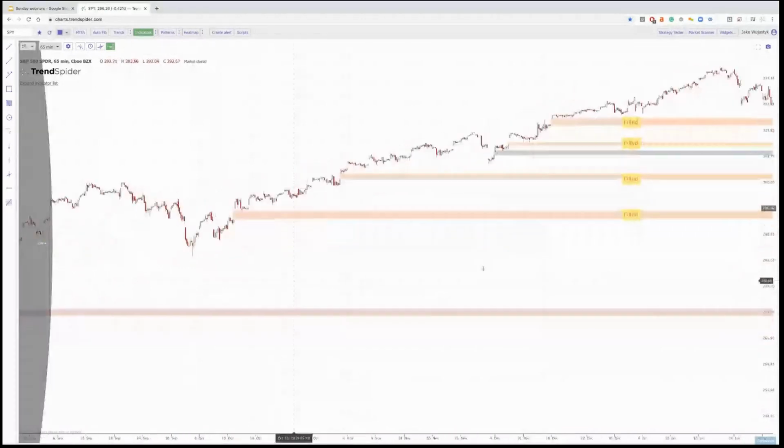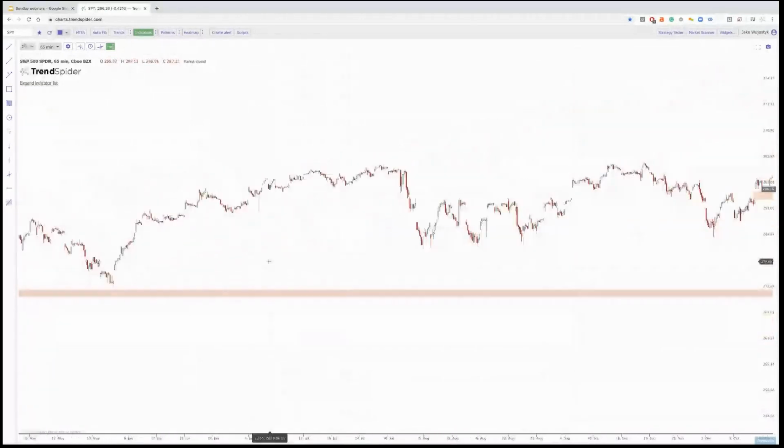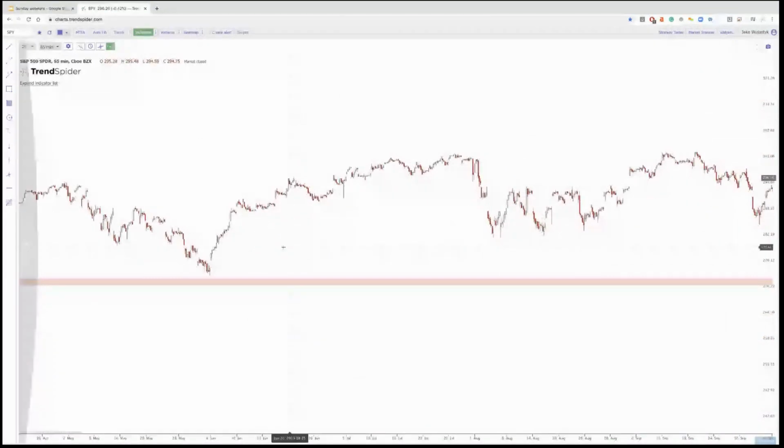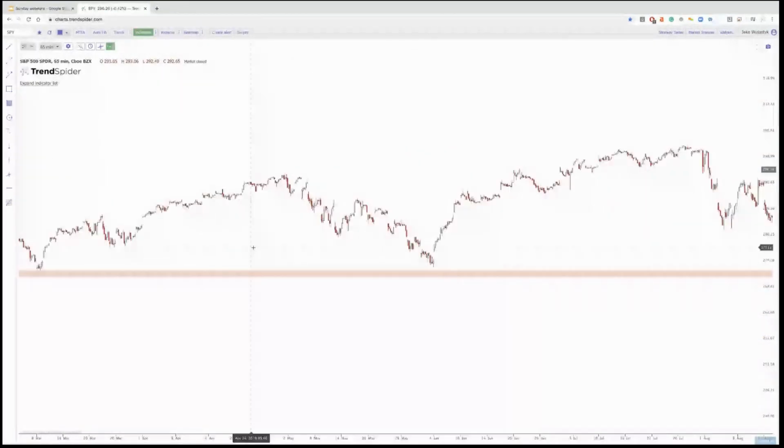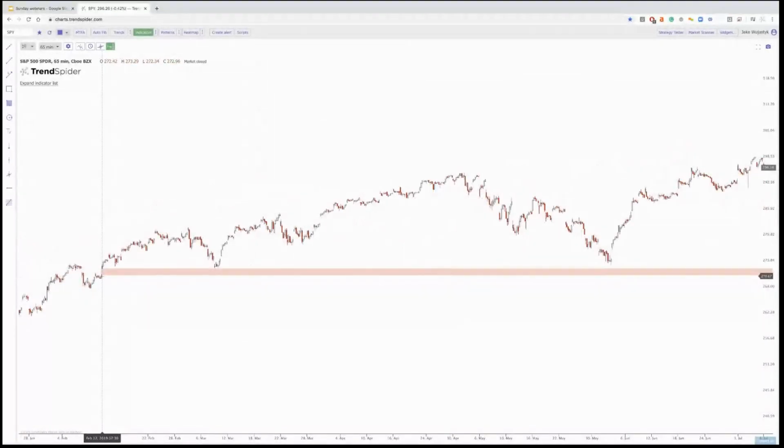Interesting. We do have one more gap that somebody pointed out to me today that I didn't necessarily see. And that one goes way back in February. I can't remember the name of someone who mentioned this, but shout out to them. We technically have a gap here around 272.